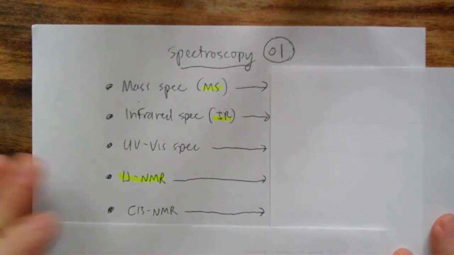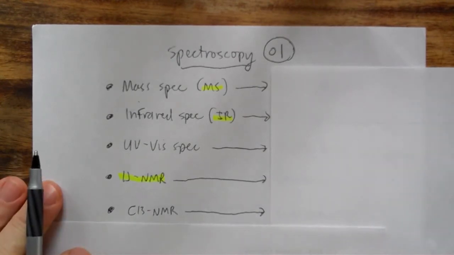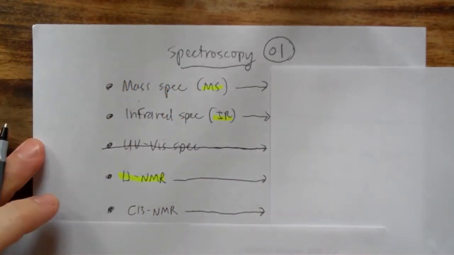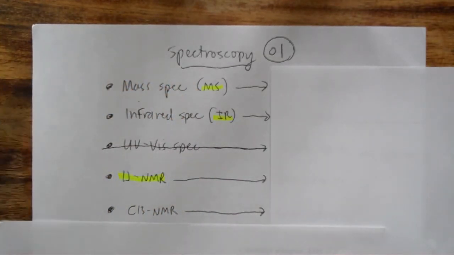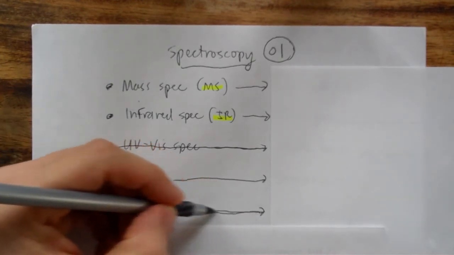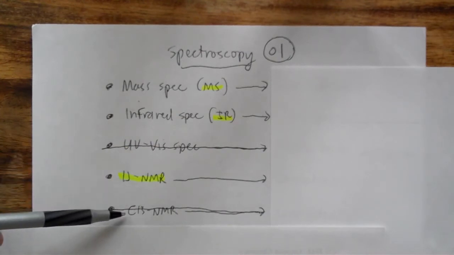So, here's the thing, I'm going to say this for my classes, and I might even try to sell other professors and other students on it: we're not going to talk about UV vis spectroscopy in these videos. It's for reasons which I'll describe later. And we're not going to talk about carbon-13 NMR for reasons which I'll describe right now.